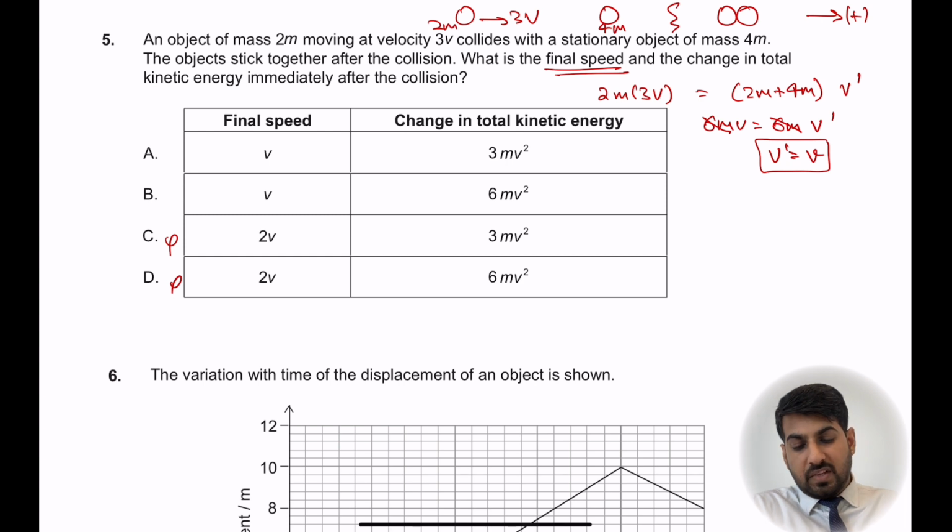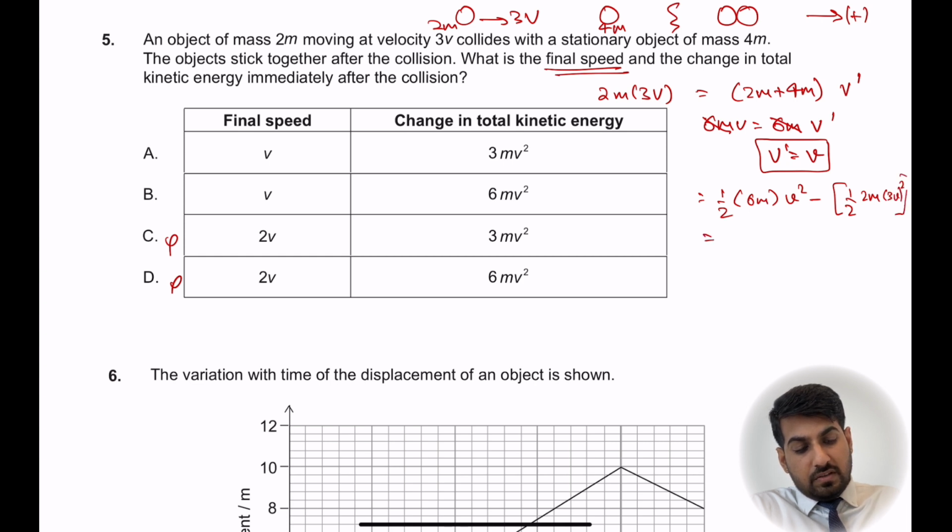Now we have to see the change in kinetic energy. So change in kinetic energy is final minus initial. Final is half, total mass is 6m into v square, minus initial, which is half, initial mass is 2m into 3v square.